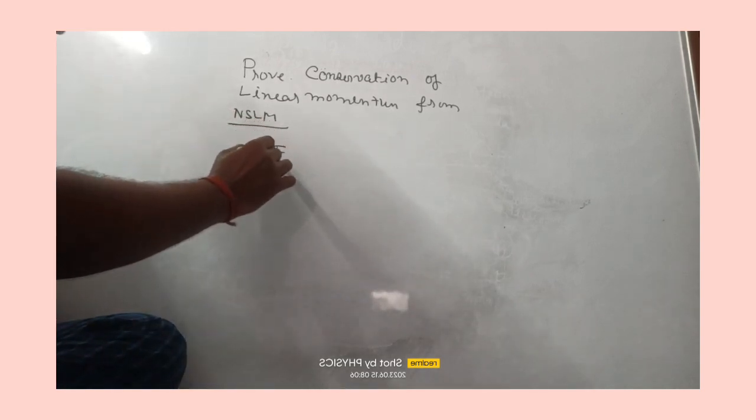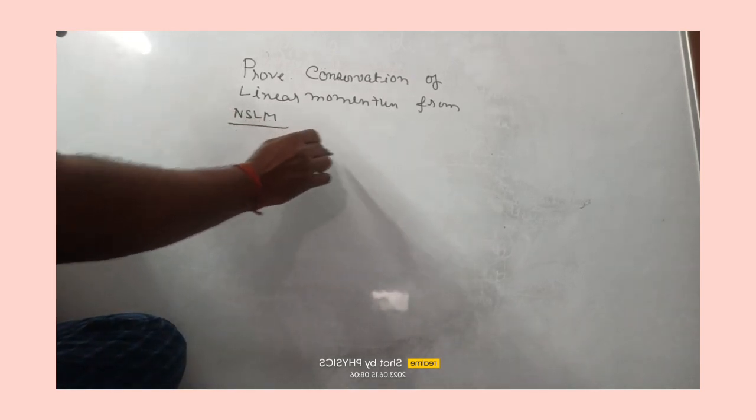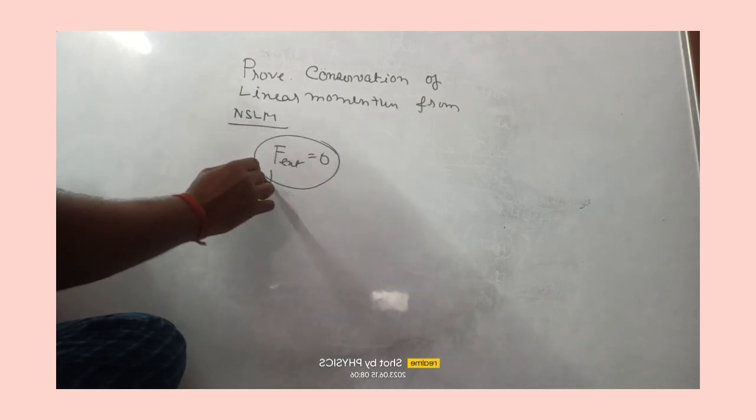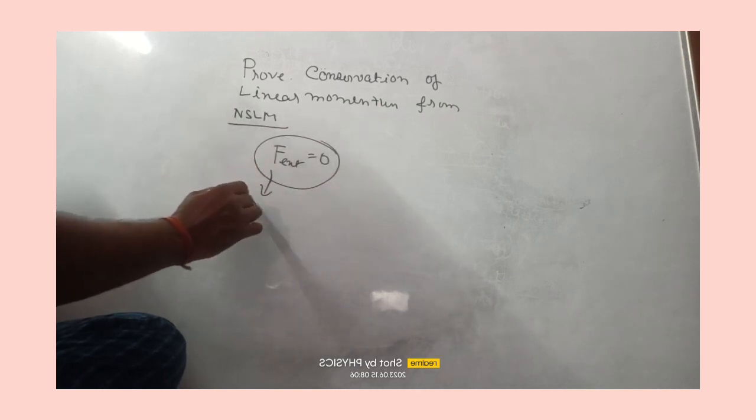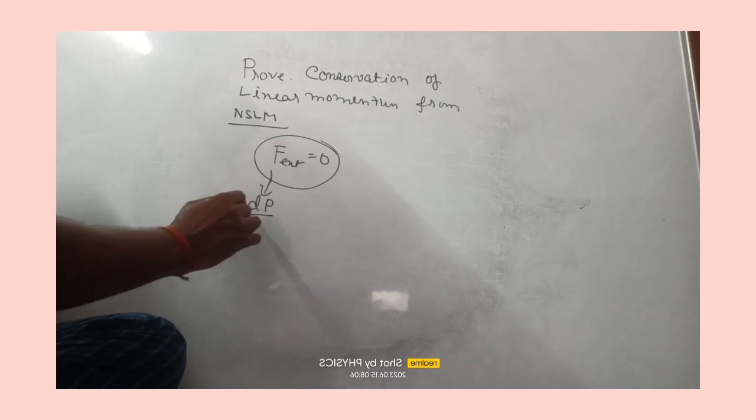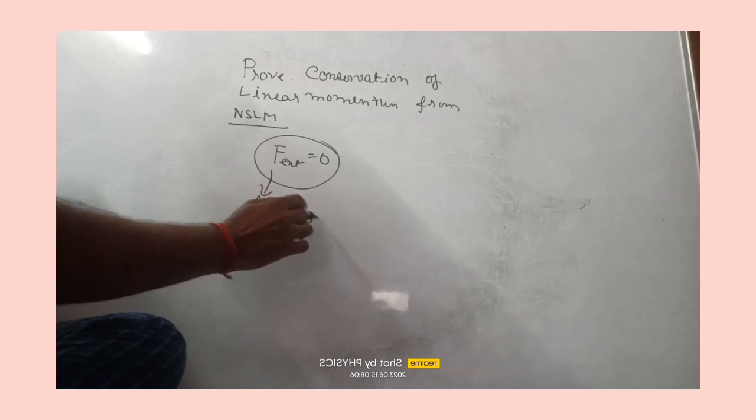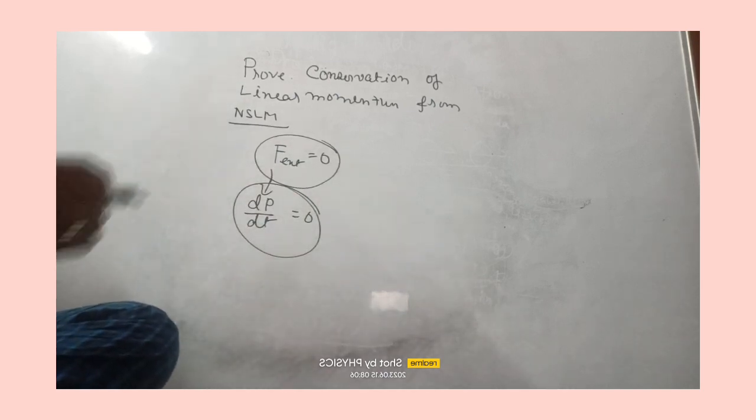If the total external force acting on the system is 0, so F ext is equal to 0. Now we know that the force is equal to the rate of change of momentum, that is dp by dt. That should be equal to 0.